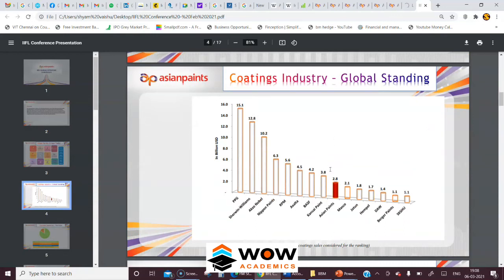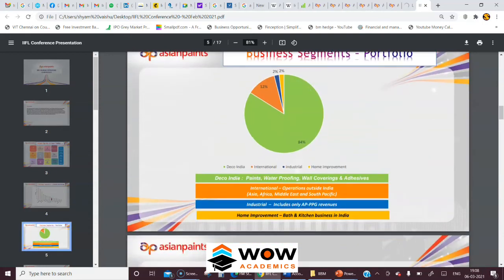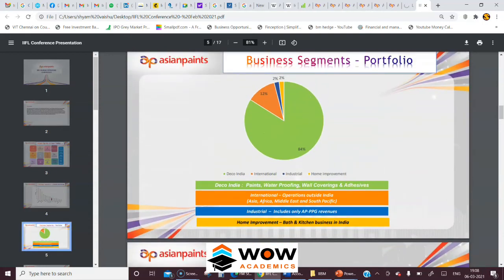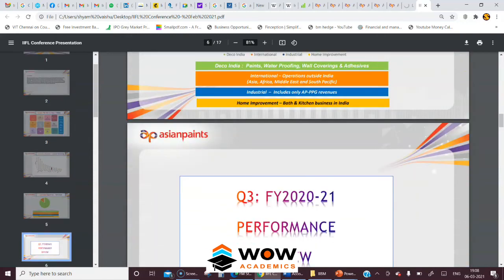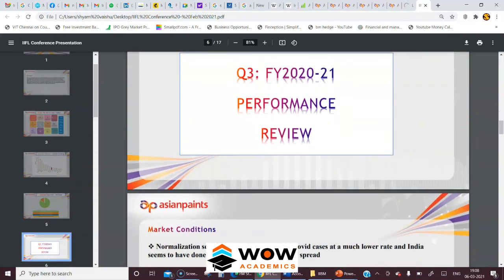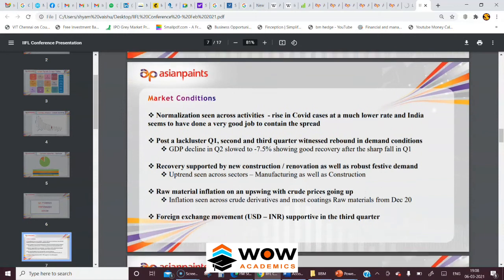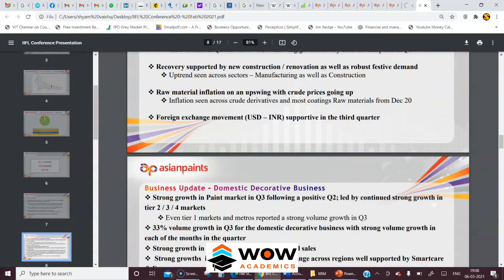It's something like the 10th largest company in the world, and it tells you the different types of products they have. They are into decorative segments in India, and they also tell about one quarter, some 3 months of performance.